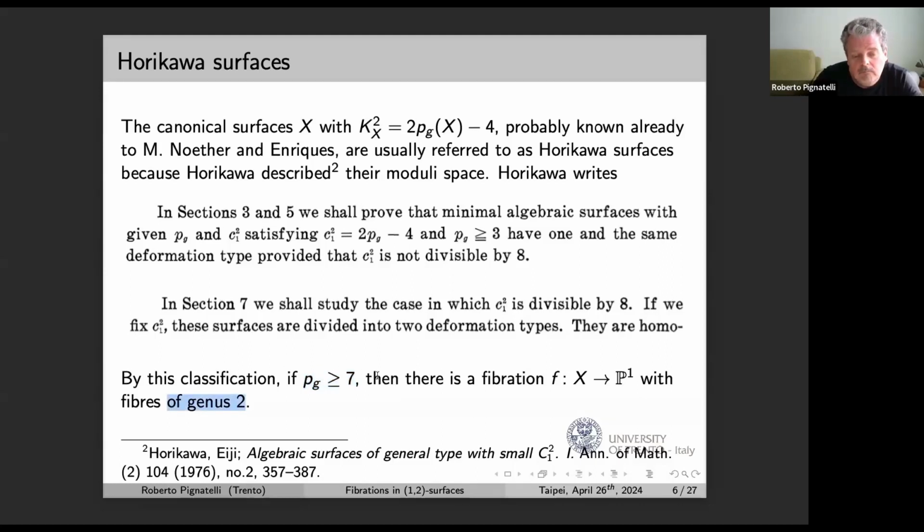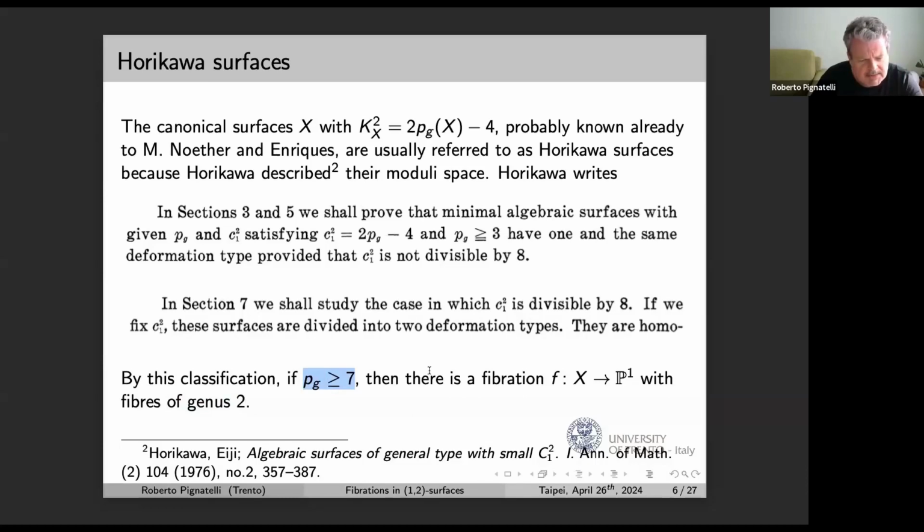So almost all these surfaces have a fibration in curves of genus 2, which is very well known, and is in fact the way I met these surfaces first in my life, because I did my PhD thesis on fibrations of small genus. That's probably where the original idea comes from.